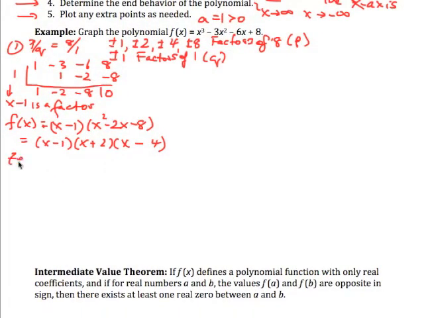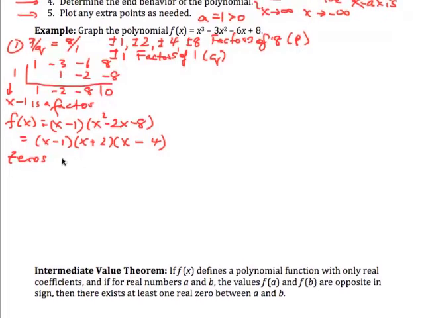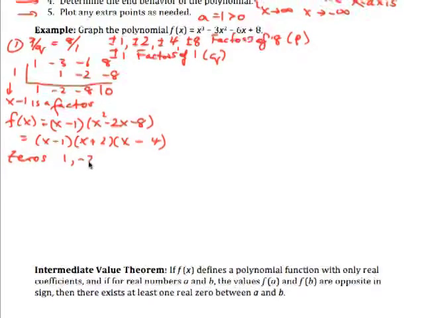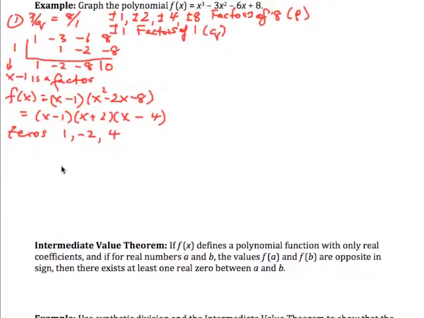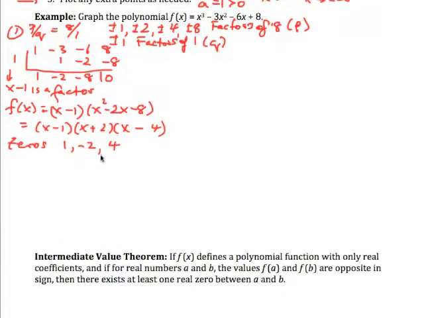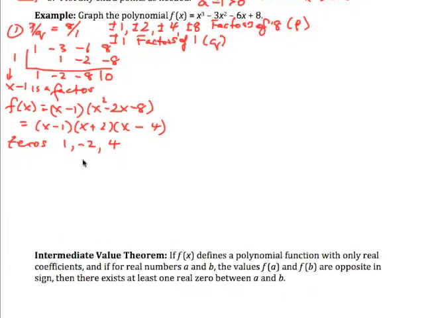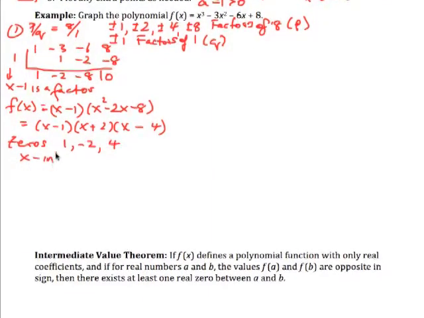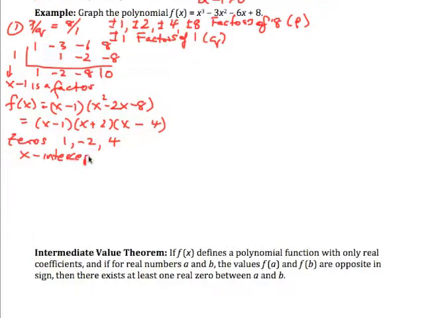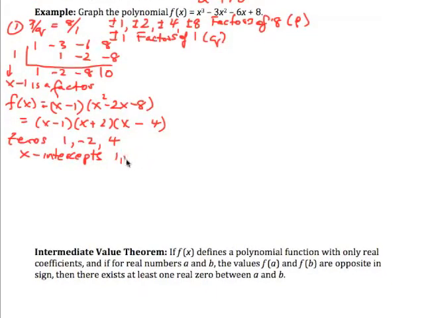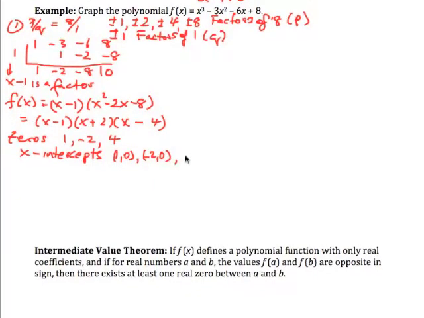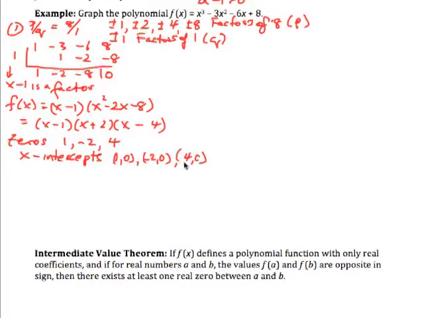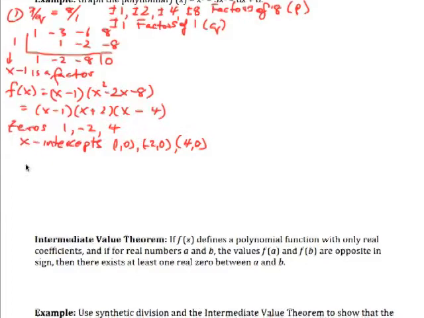And so here are my zeros: 1, negative 2, and 4. That allows us to plot those as the x-intercepts. They're going to be 1, 0, negative 2, 0, and 4, 0.